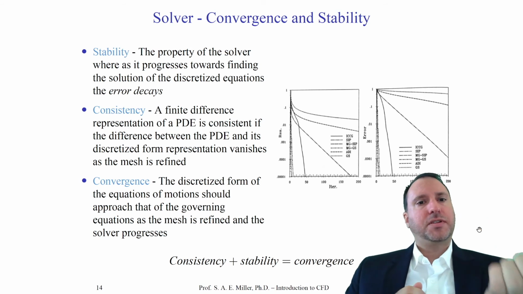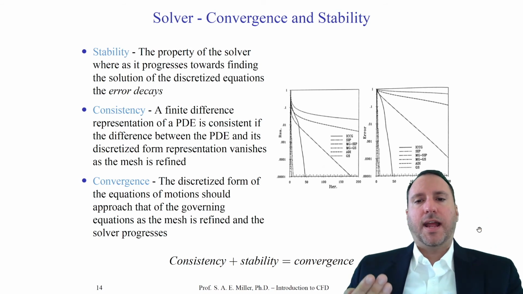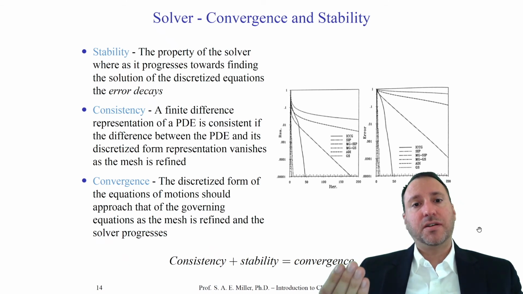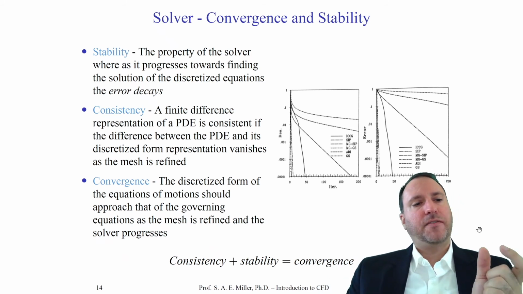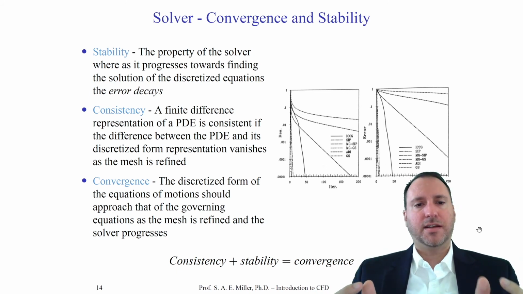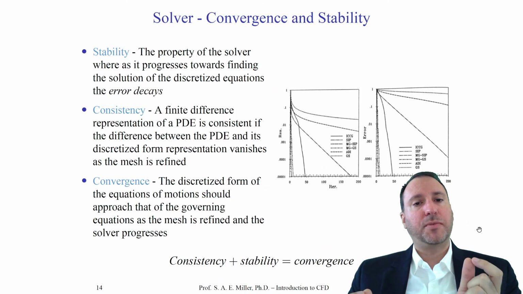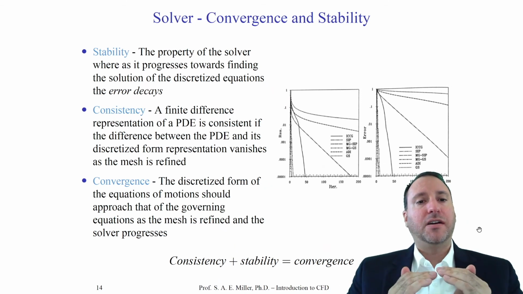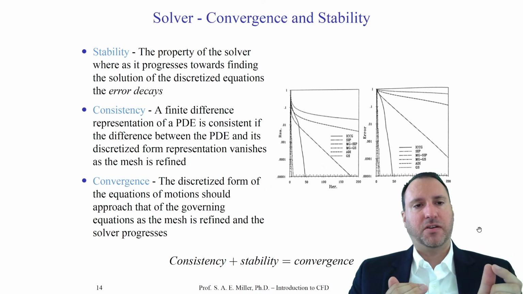If I have a discretized set of equations and a continuum set of equations, the original set of equations, and if I find the solution in the discretized set and the continuum set, and I let the delta x, or grid point spacing, in the discretized set of equations go to 0 or become very small, then the two solutions will be the same, or vanishing as the delta x becomes very, very small.